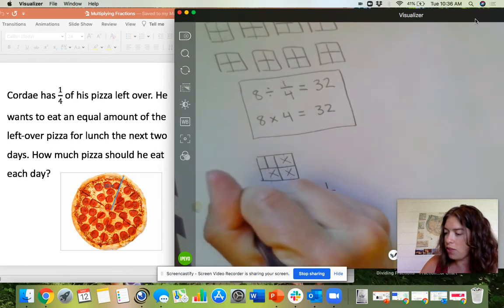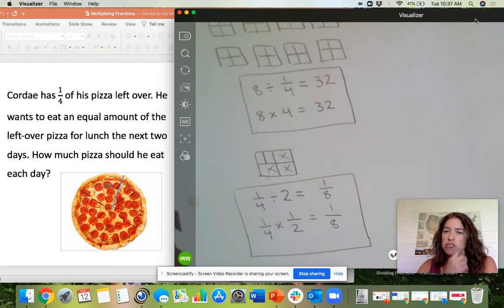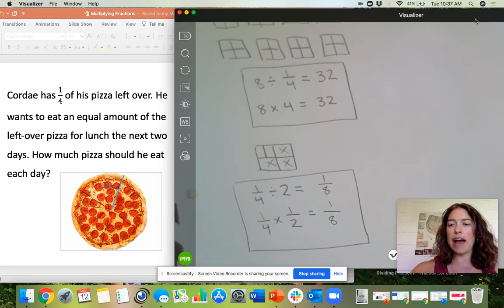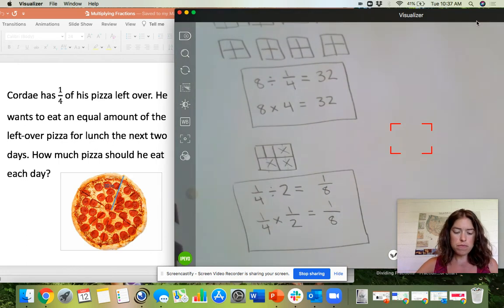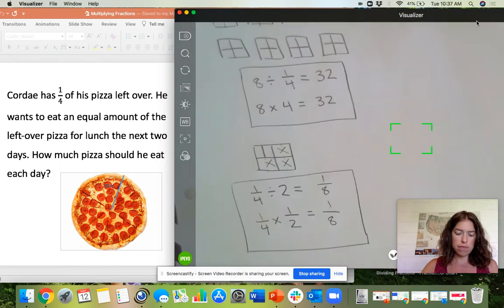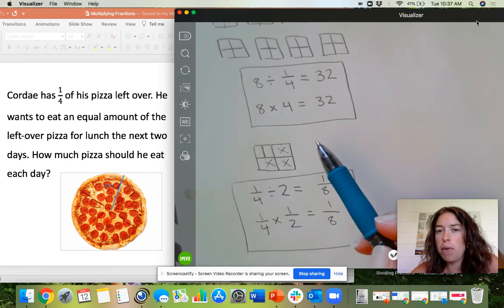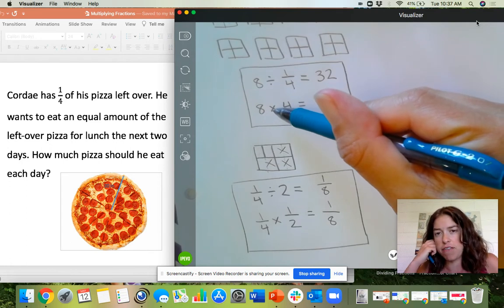So as we look at these sets of equations and we start to think about, okay, when we divide by a fraction, I'm noticing it's actually the same as multiplying by the inverse of the fraction.